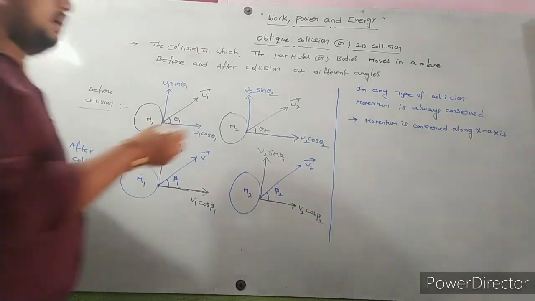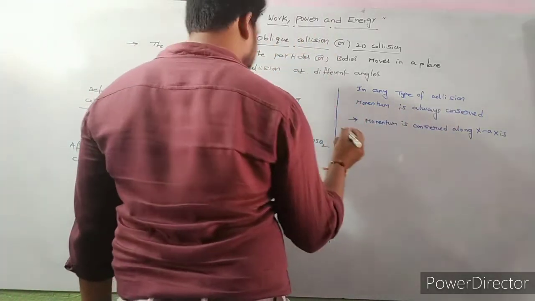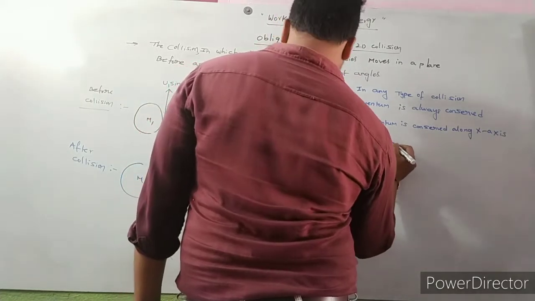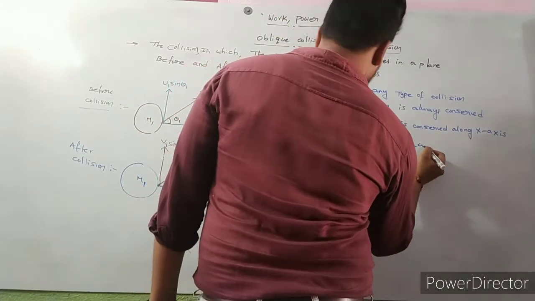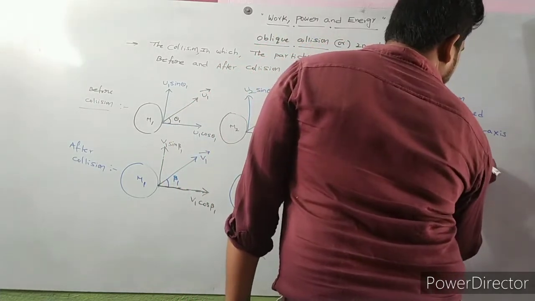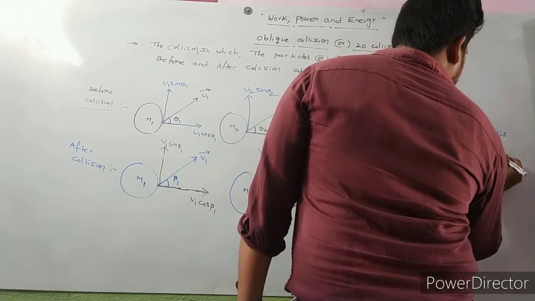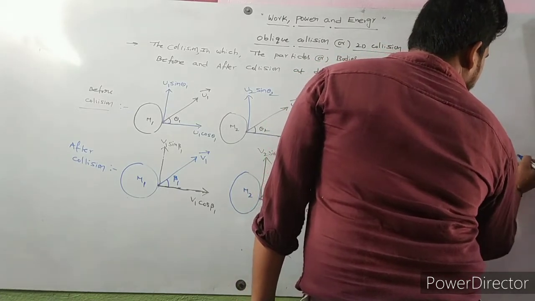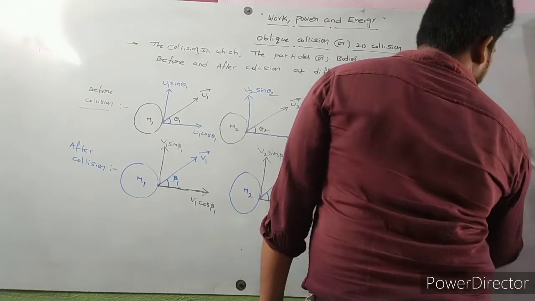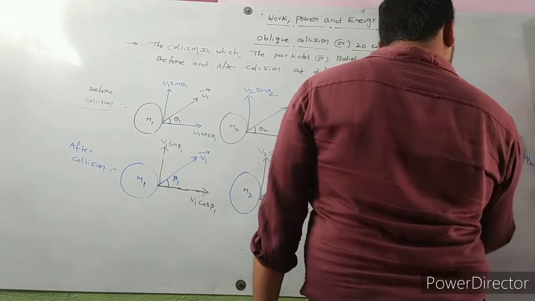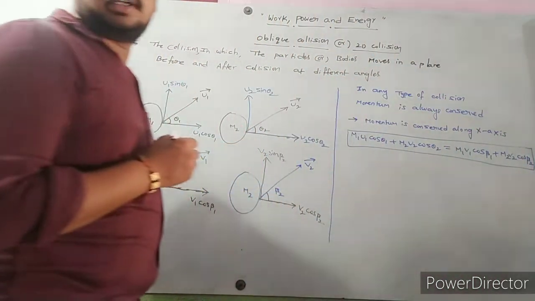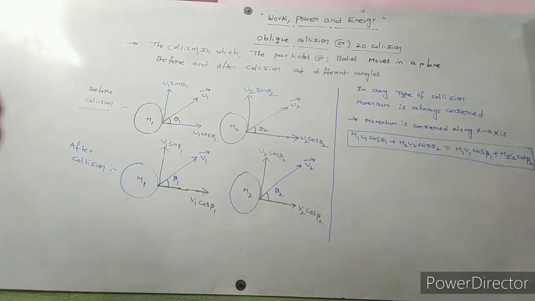After collision, momentum is conserved along the x-axis: m1 u1 cos theta1 plus m2 u2 cos theta2 is equal to m1 v1 cos beta1 plus m2 v2 cos beta2. So this is the momentum conservation we got here.